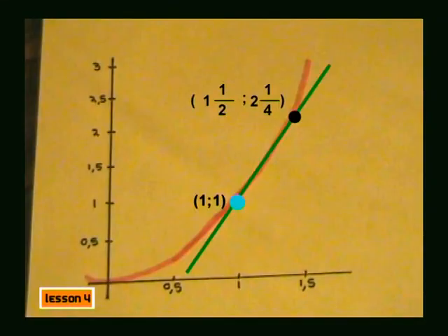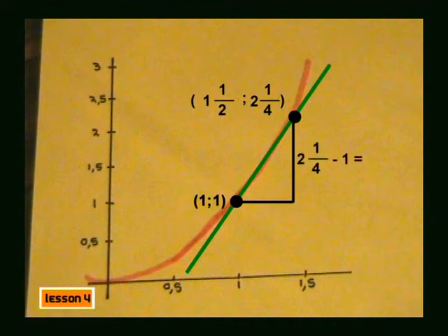You really are making me work hard. Well, let me see. This point here is 1, 1. And this one is 1 1/2, 2 1/4. To determine the gradient, I want to calculate the vertical change and the horizontal change.